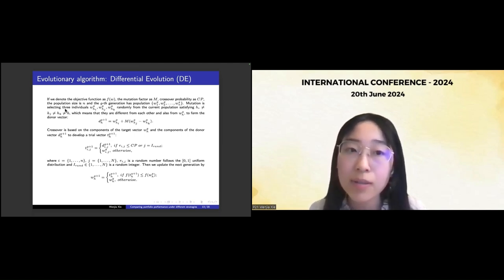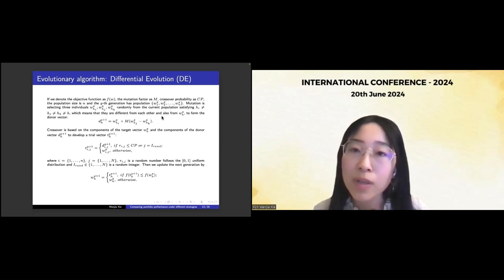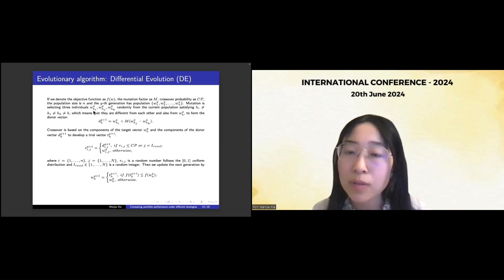Mutation is selecting 3 individuals randomly from the current population, satisfying that each individual is different from the previous one, and also different from the target vector, to form the donor vector.